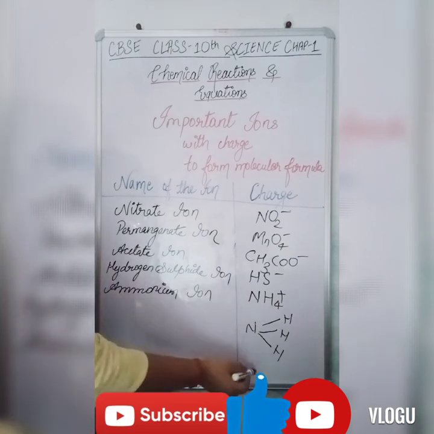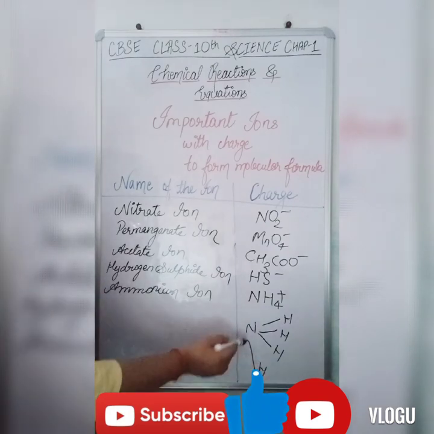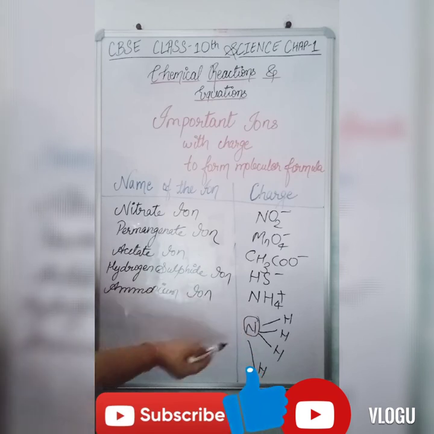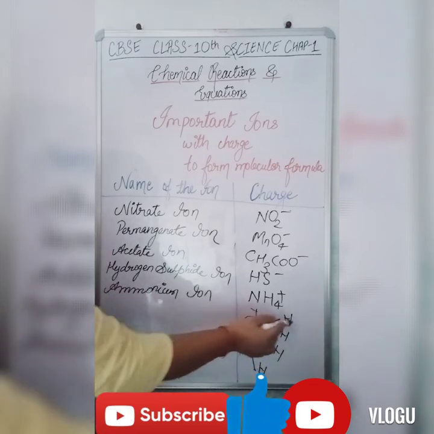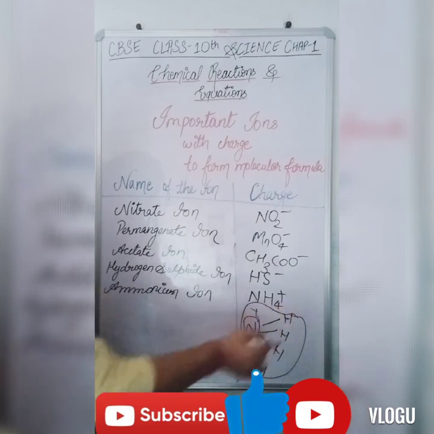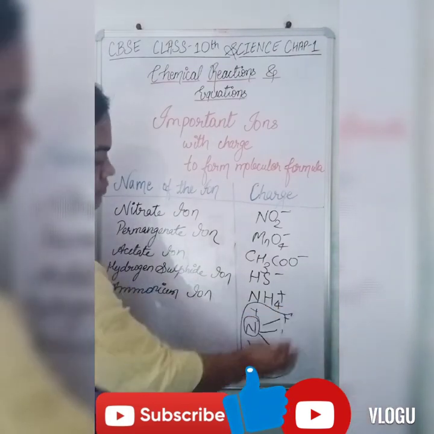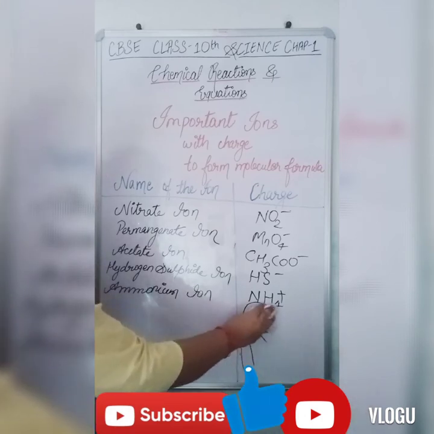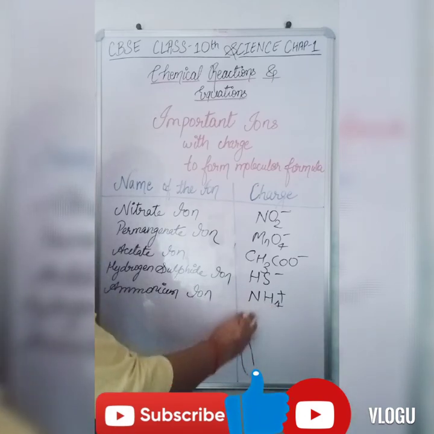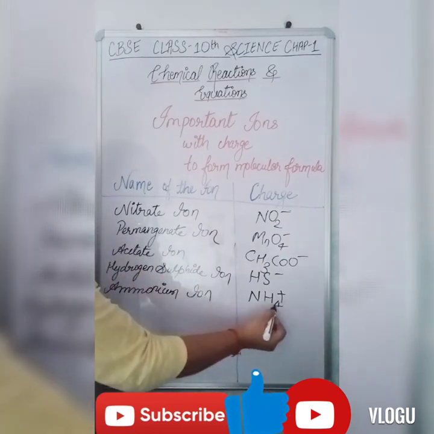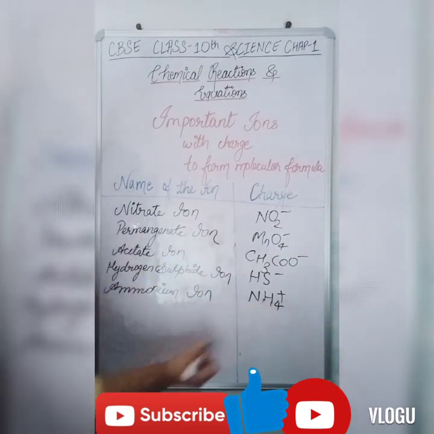But if 1 extra hydrogen is coming to it, then there is no negative charge left over on nitrogen to balance this hydrogen's one extra electron. Therefore, plus charge is acquired by this whole molecule. So it is NH4 plus, ammonium ion.